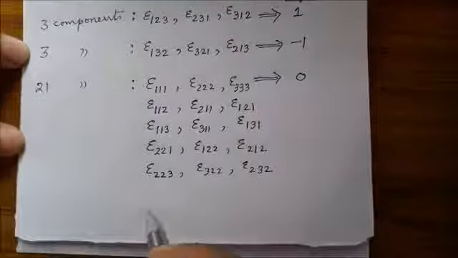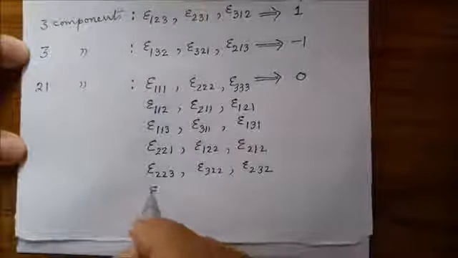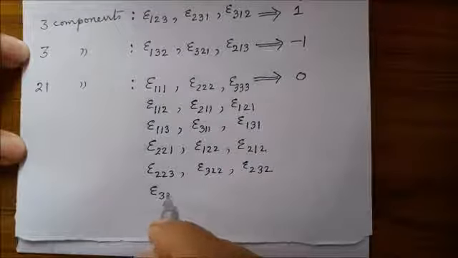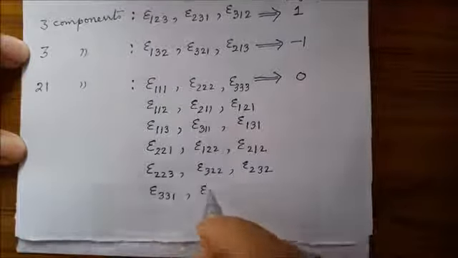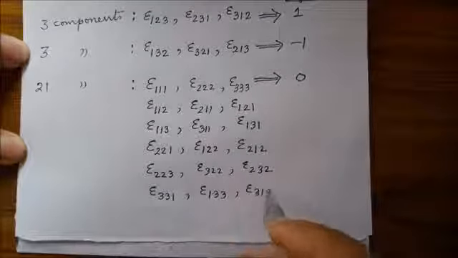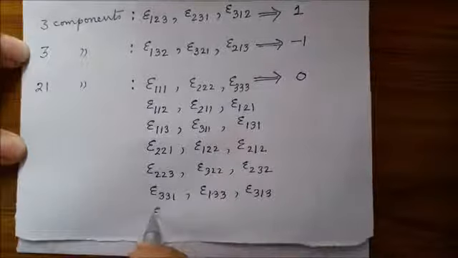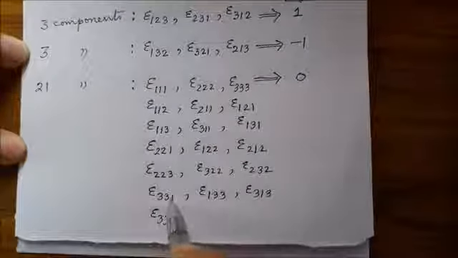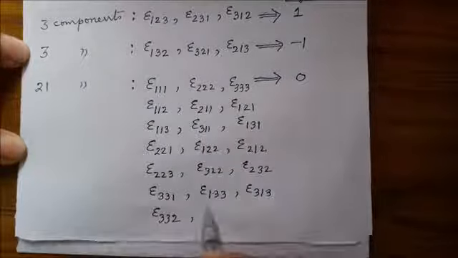The remaining terms will involve repetitions of 3. So we'll have epsilon 3, 3, 1, and then 3, 2, so on.